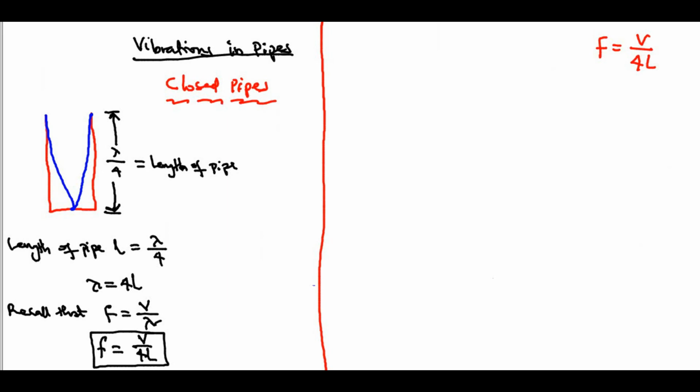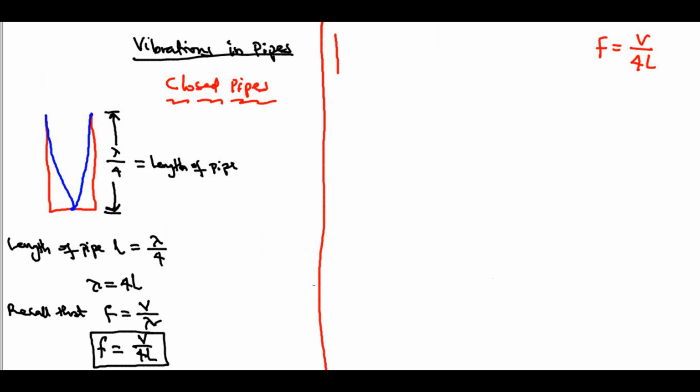So we'll go on to find higher configurations. What are we going to get as the frequency for higher configurations of the closed pipe?